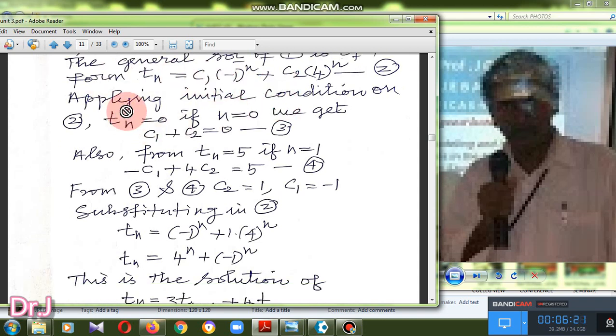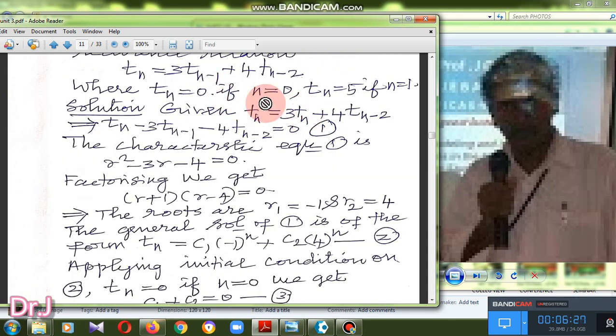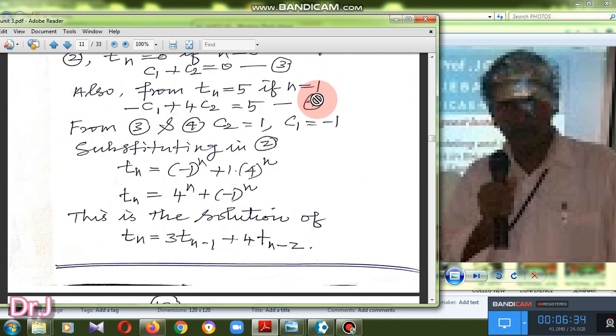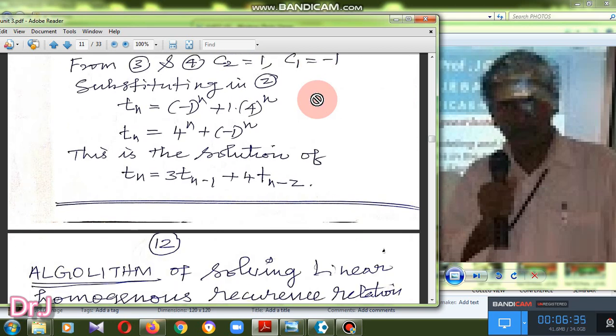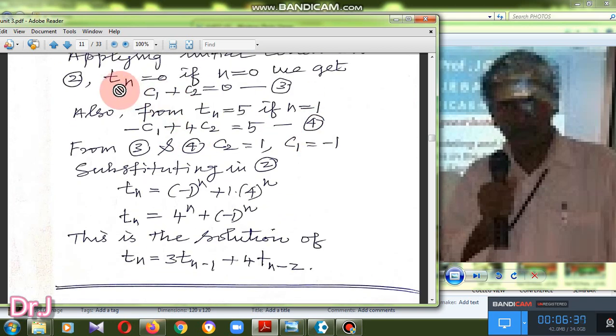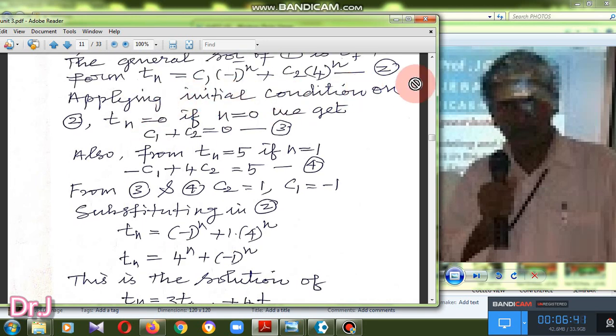So we are applying the first initial condition here. The initial conditions are that n equal to 0 implies Tn equals 0, and n equals 1 implies Tn equals 5. So let us use that here. If n equals 0, Tn equals 0, so substitute in this solution.